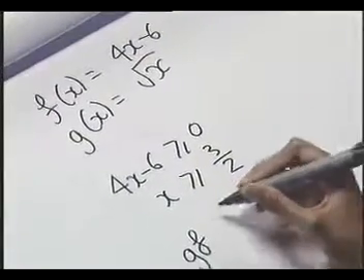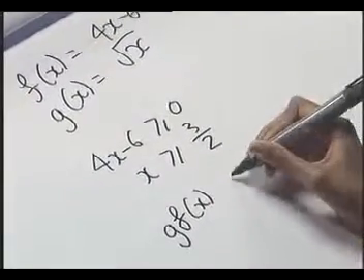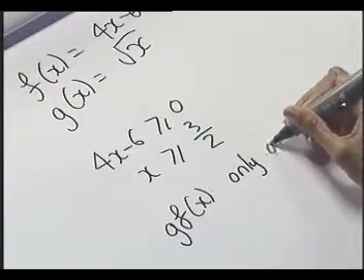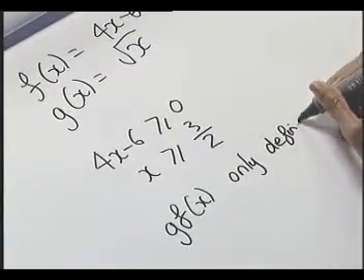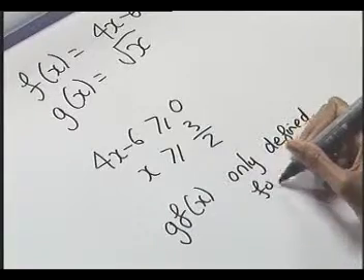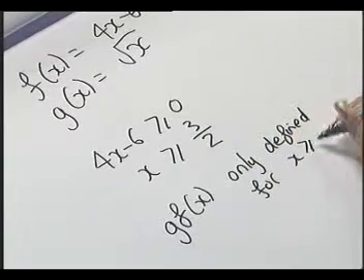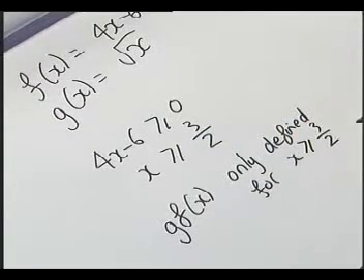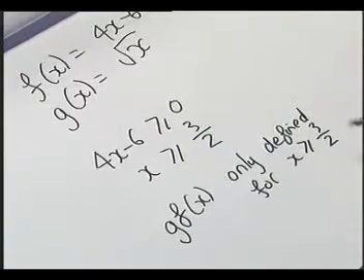So gf of x is only defined for x greater than or equal to 3 over 2. The values of x for which gf is defined is called the domain of gf.